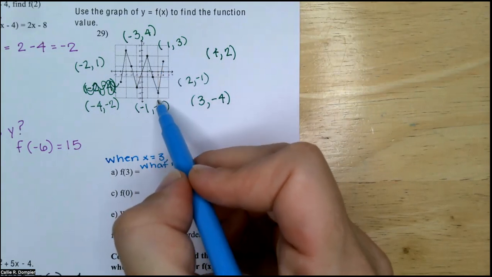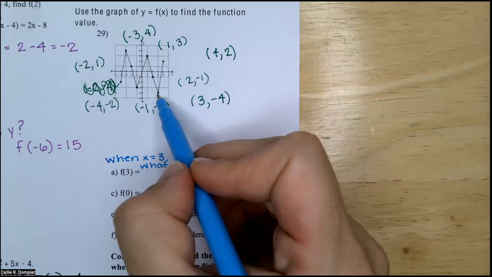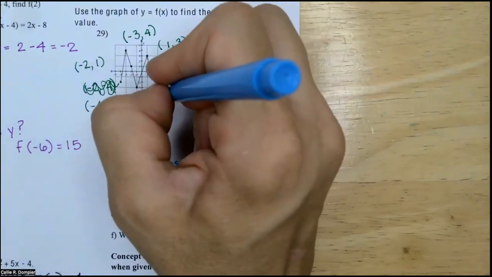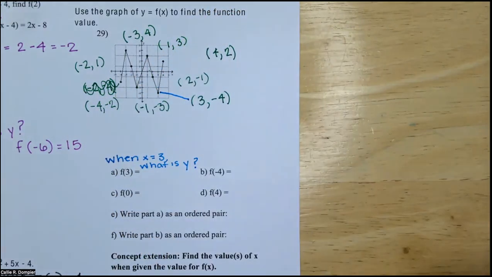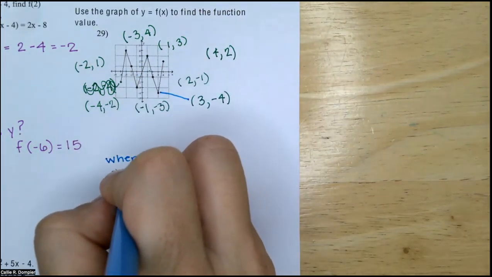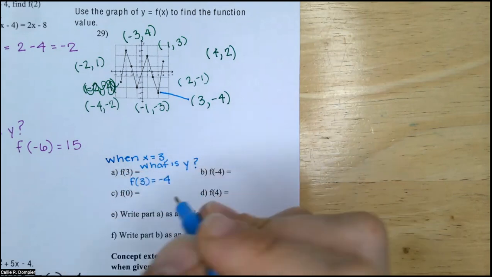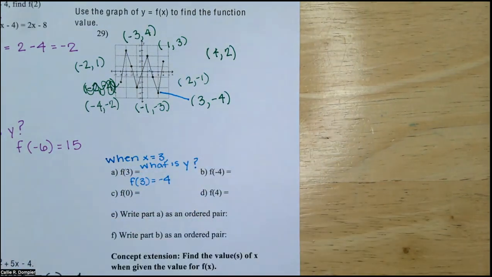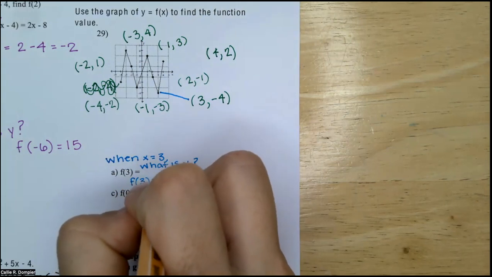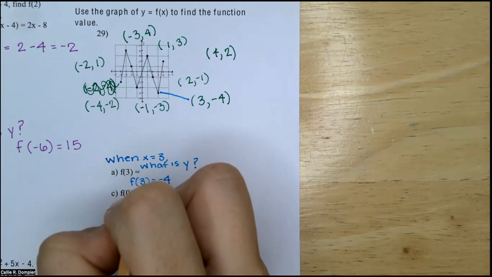What point is on the x equals 3 line? 3, -4. This guy. Okay, so f of 3 equals -4.